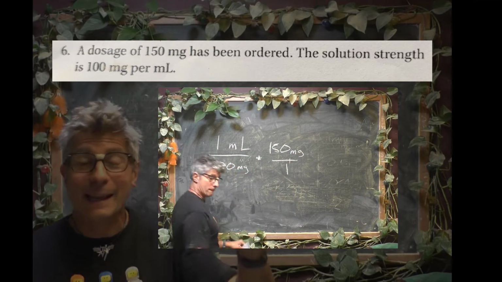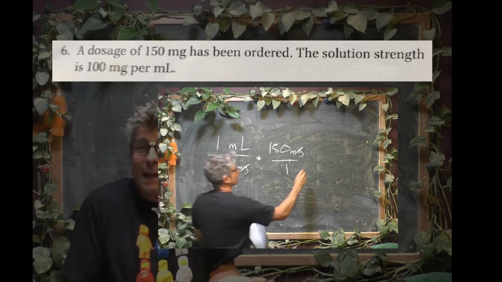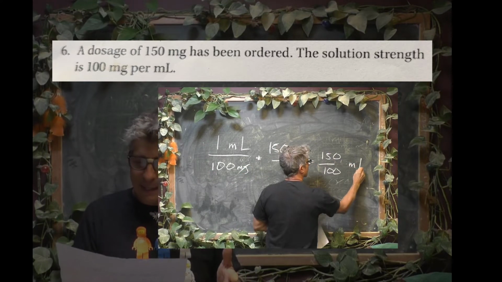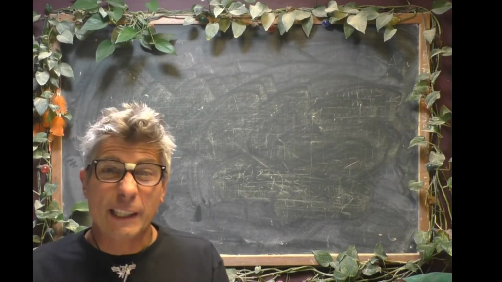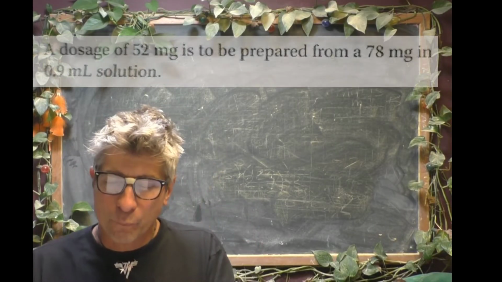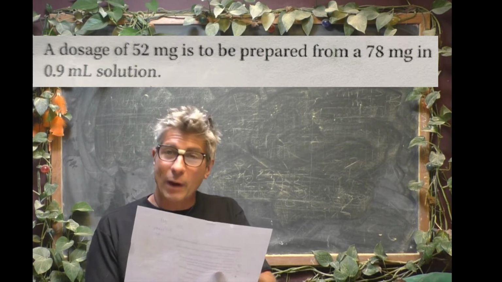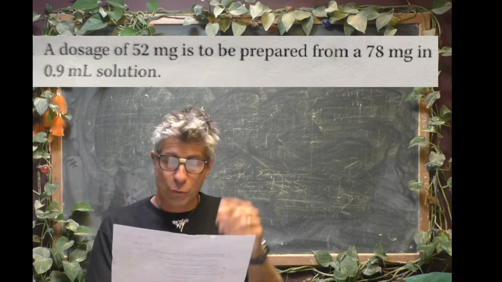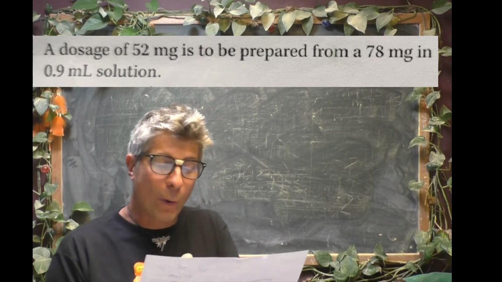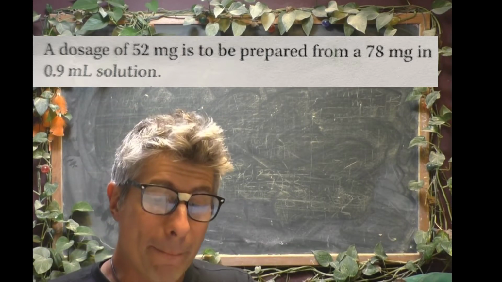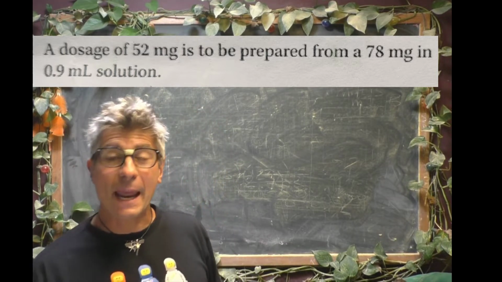Now, I'm not saying you always can. Some of these numbers maybe have been handpicked to be kind of nice. I even noticed some of them that don't look nice, like number 5 there. You need 52 milligrams of this drug in number 5, and it has to come from a 0.9 milliliter solution, which has 78 milligrams in it.